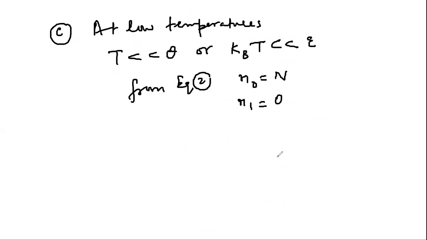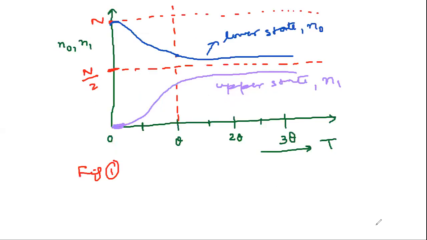That means all the particles at low temperatures compared to the characteristic temperature of the system are frozen out into the lowest energy ground state and no particle is excited into the higher state. I repeat, all the particles exist in the lowest energy ground state and no particle is excited into the higher state. You can see that from the graph also.